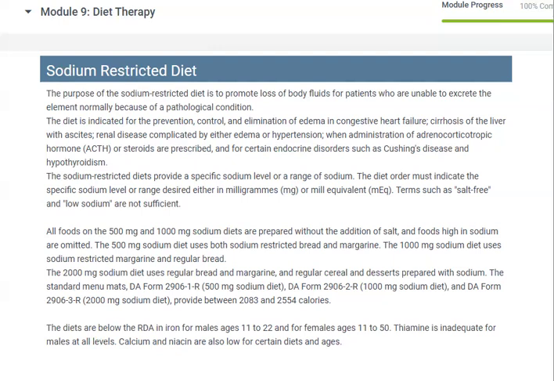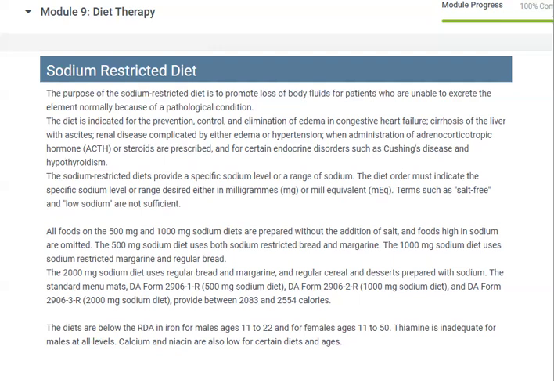The standard menu mats, DA Form 2906-1, are 500 mg sodium diet, DA Form 2906-2, are 1000 mg sodium diet, and DA Form 2906-3, are 2000 mg sodium diet, provide between 2083 and 2554 calories.